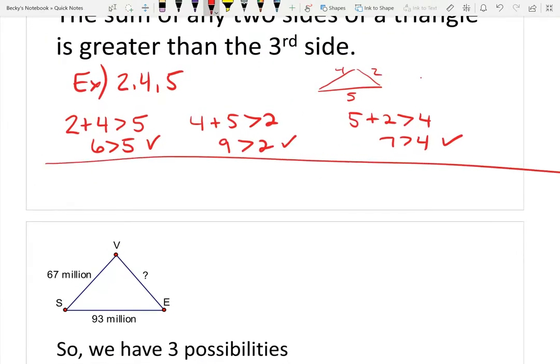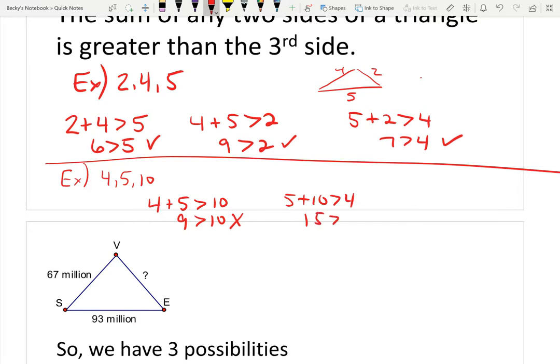But on the converse of that, let's try one with sides 4, 5, and 10. Okay, so is 4 plus 5 greater than 10? Right away, we see no. Now, if I rotate it, it works. 15 is greater than 4, of course.